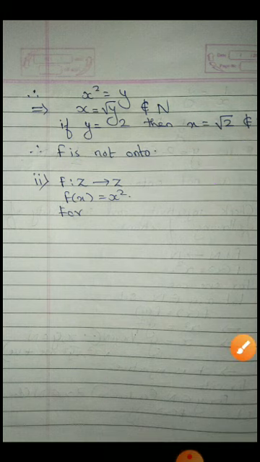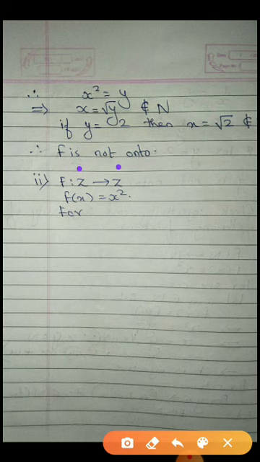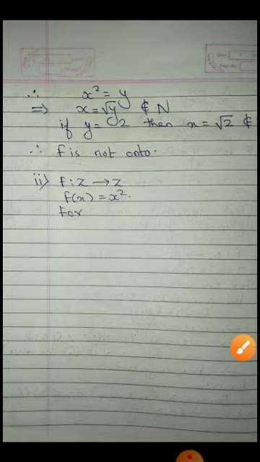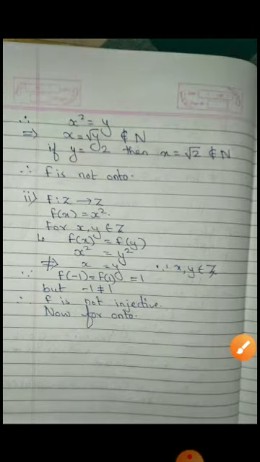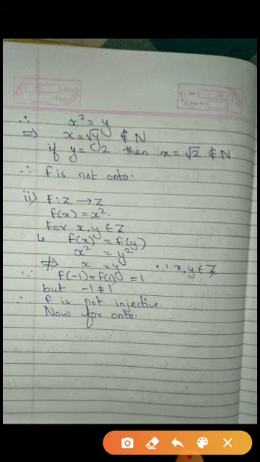Clear? The same question, if the function is from Z to Z. Previously it was from the set of natural numbers to the set of natural numbers. Now I have to check for the one-one function. If I say that x square equals y square, can I say that x will be equal to y? I cannot.